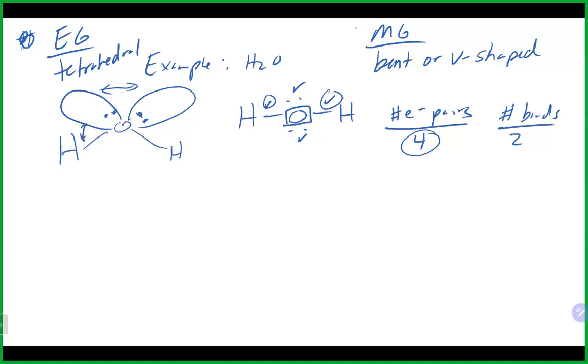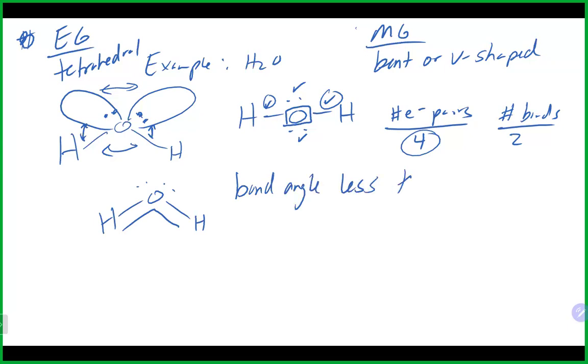Again, these guys also need to get away, and these guys can't get too close. So what ends up happening is we end up with this kind of bent or V-shaped structure here that we end up for water. Bond angle here is less than 109.5 degrees.